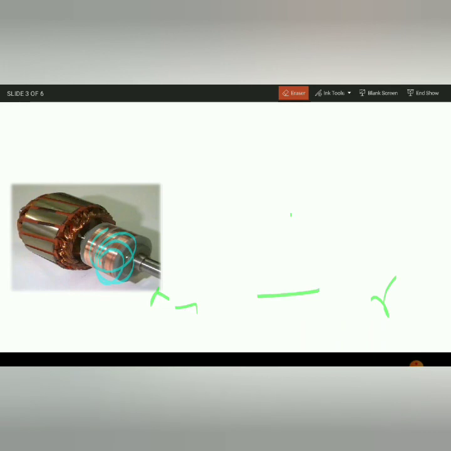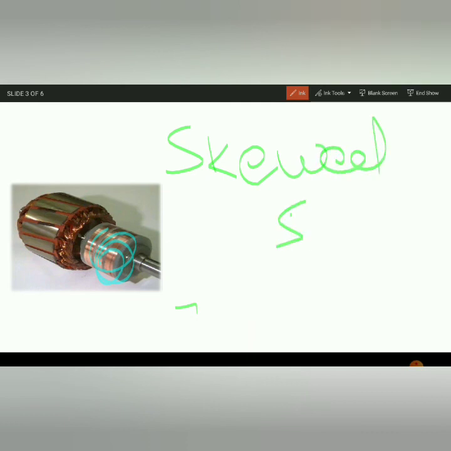The name of that type of slot is skewed slots. If someone asks what you mean by skewed slots, it means making the rotor slots inclined to the stator slots. The reason it is made this way is to avoid the magnetic locking condition. What is the magnetic locking condition?